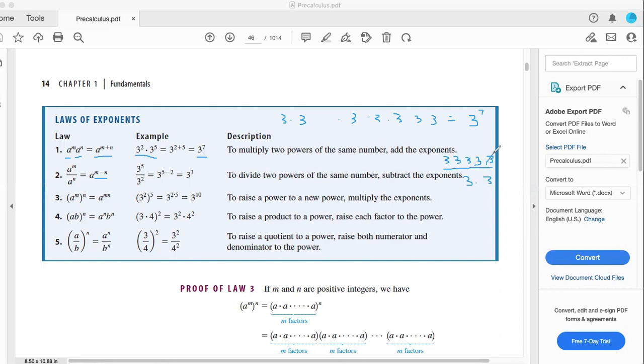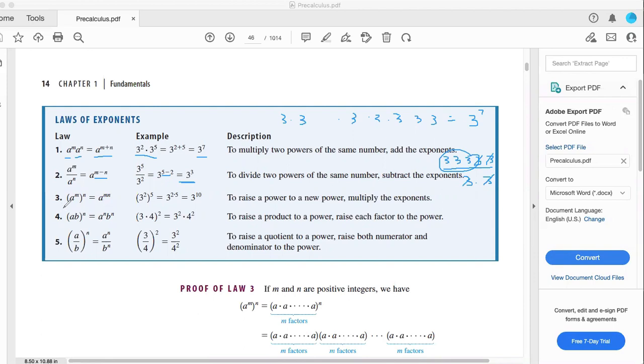We can cross out the 3 with this 3 and this 3 with this 3. That's why we only get 3 to the 3rd power. So this is the correct one. That's why when I divide powers, we subtract the exponents.